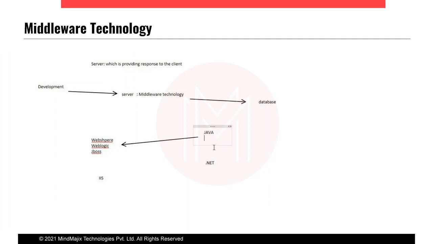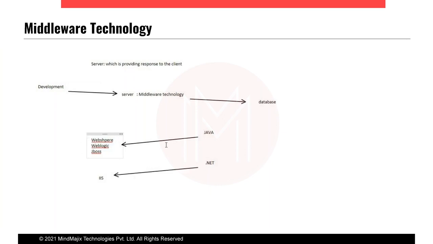If you notice, for Java applications hosting, we have multiple platforms. For IAS, we have the .NET coding hosting platform. Why? Because multiple companies came to develop the platforms.